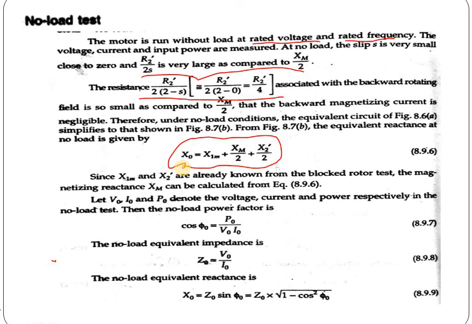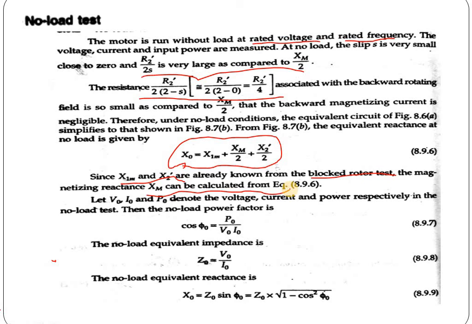Putting all those values, we can calculate the no load reactance. Since we know the values of X1N and X2 dash, which we have already determined from our previous blocked rotor test, the magnetizing reactance Xm can be calculated from the equation given here.